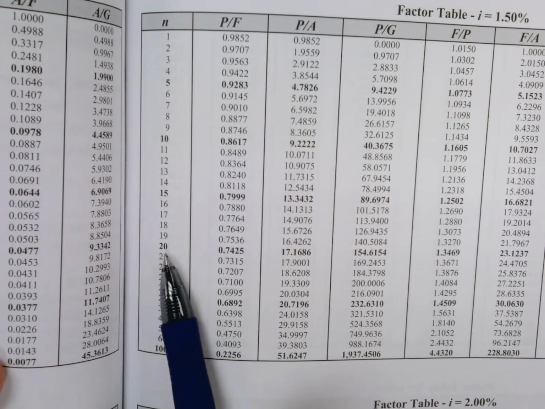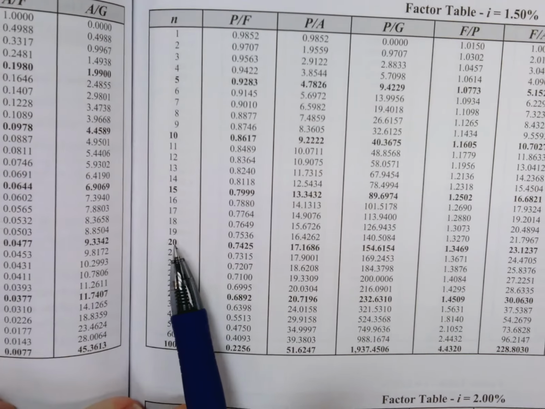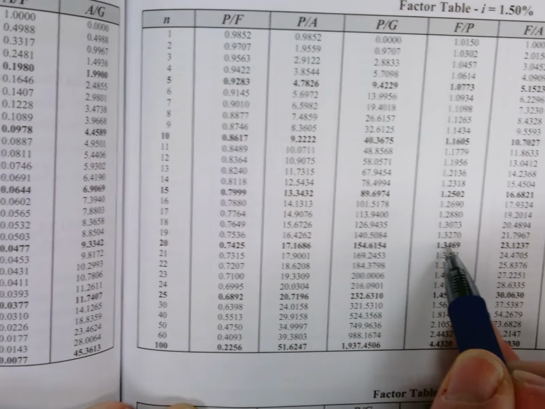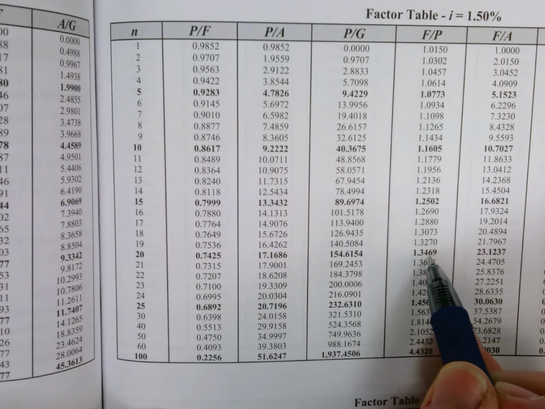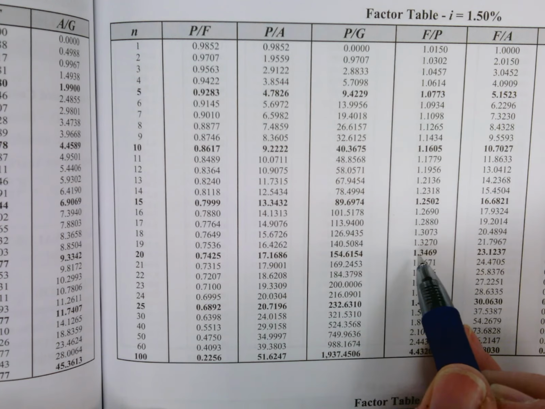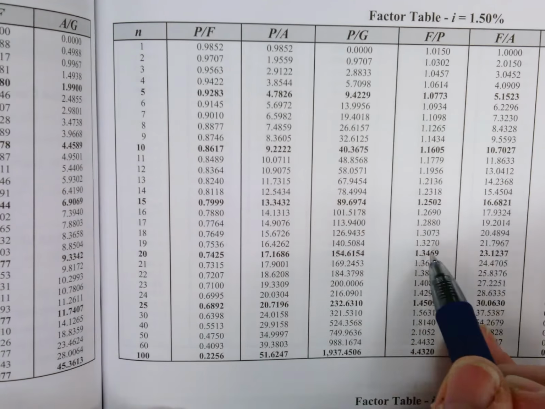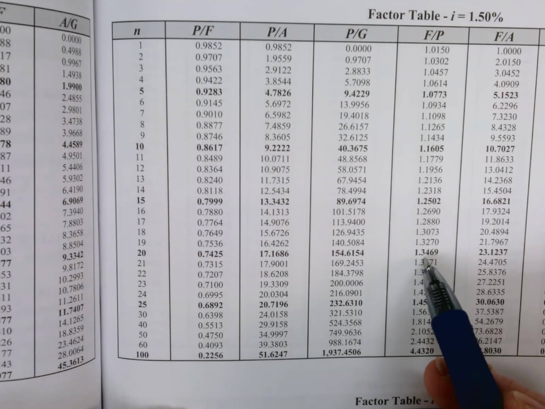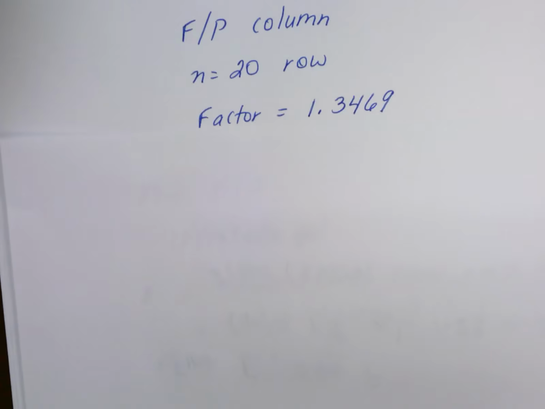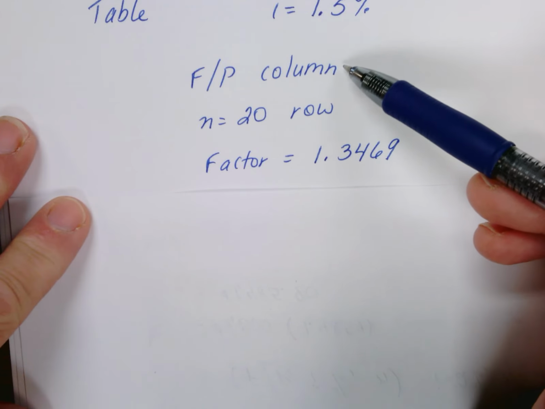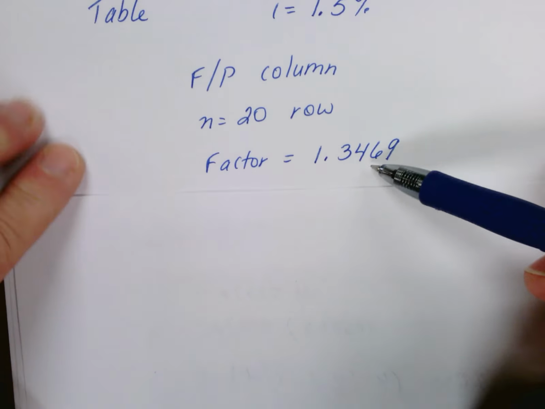So we said N was equal to 20, 5 years times 4 quarters per year, and we come over to the column find F given P. So the factor that we're going to want to pull off this table is 1.3469, lined up with N equals 20 and the interest rate 1.5%, in the find F given P column. 1.3469 is the factor that we want to pull.